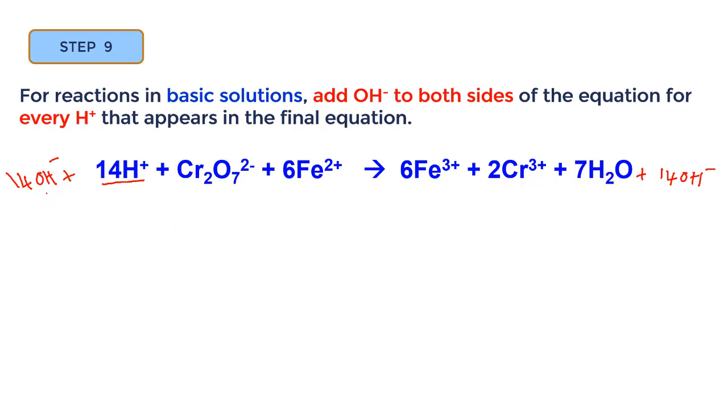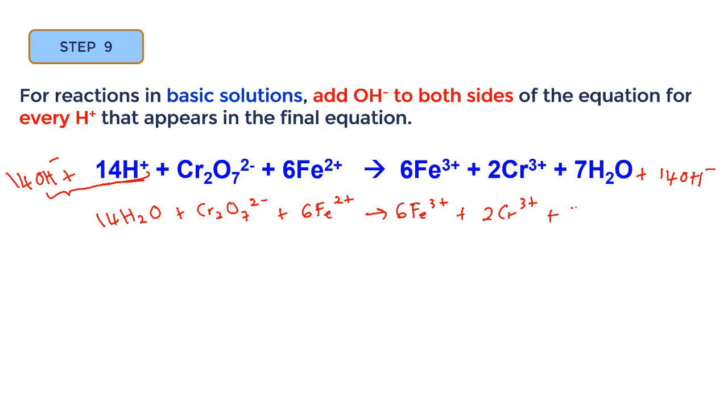So 14 OH- plus 14 H+ is equal to 14 mole of water, plus dichromate ion plus 6 mole of iron 2 plus produces 6 mole of iron 3 plus, 2 mole of chromium 3 plus ion, plus 7 mole of water plus 14 hydroxide ion.